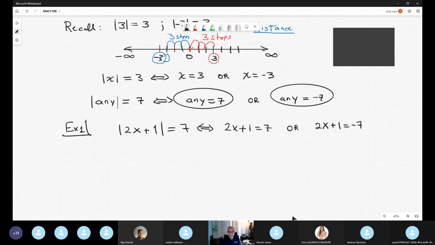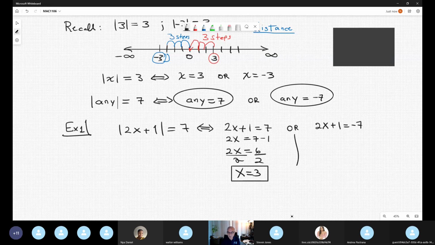Now, you split the paper into parts. You solve these equations separately. 2x is equal to 7 minus 1. I move 1 to the right-hand side. 2x equals 6. Divided by 2 on both sides, x equals 3. This is my first solution.